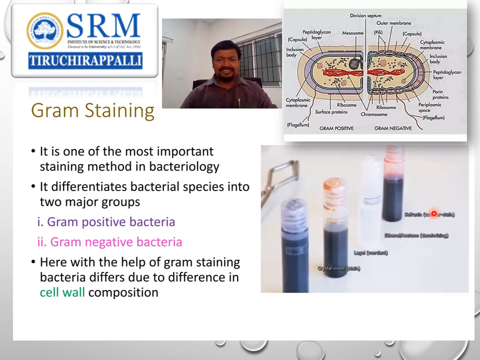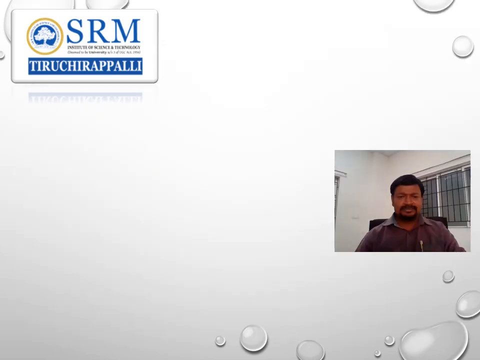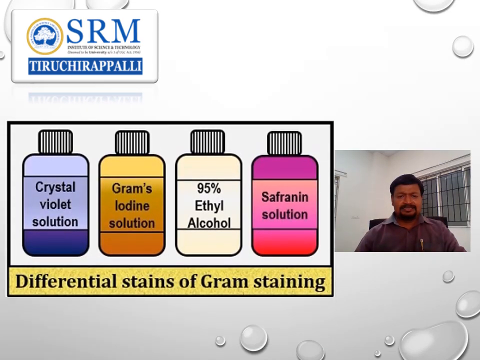The thickness of the cell wall is very important. This is a differential stain. The requirements are crystal violet solution, gram's iodine solution, 95% ethyl alcohol, and safranin solution. These are the basic requirements.